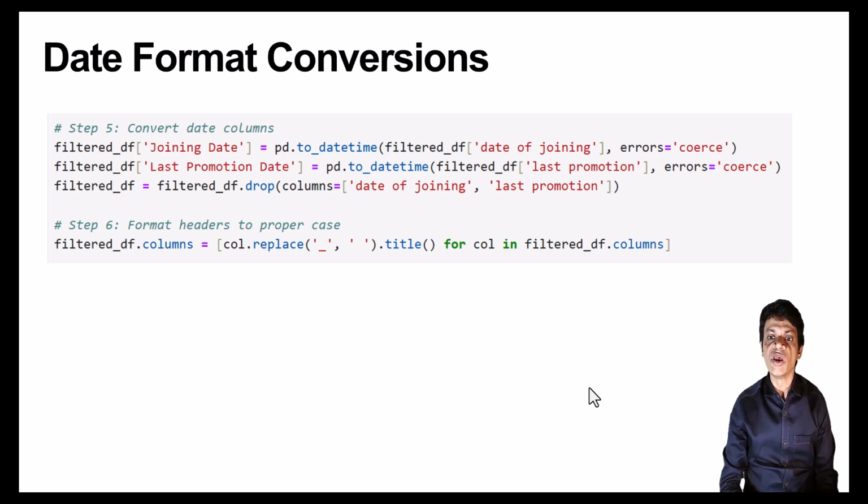Now, to make it consistent, every column will be made title case. When you use title case, automatically the first word of the column name will be a capital letter and the rest will be lowercase letters. This is for data consistency.